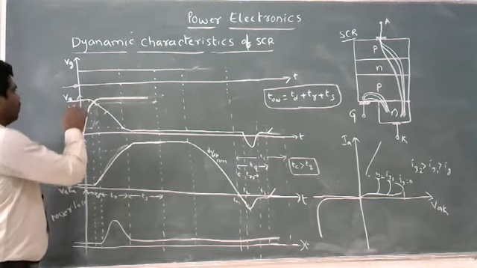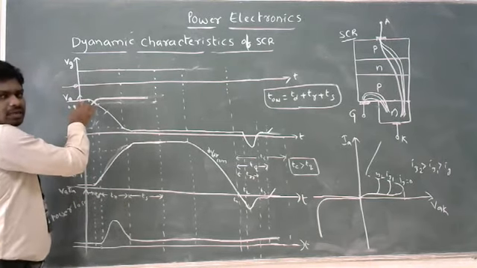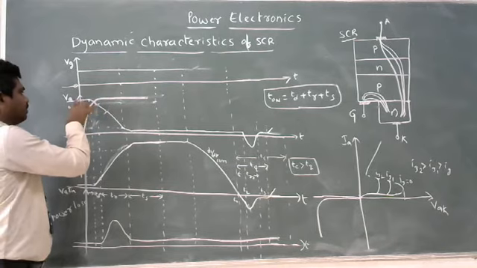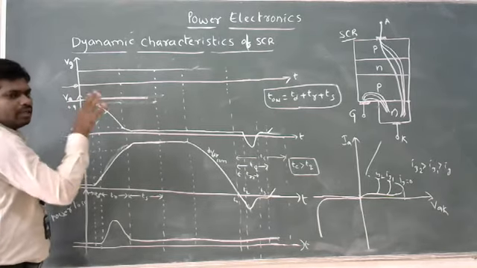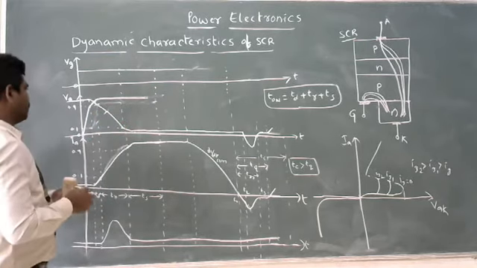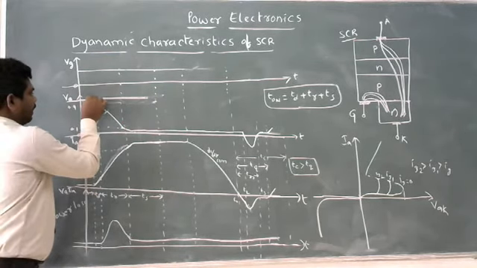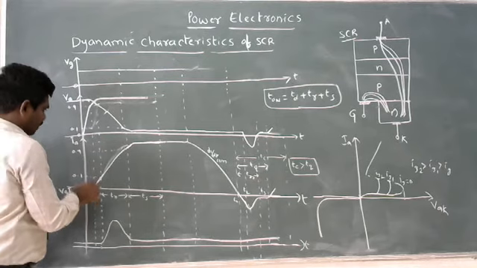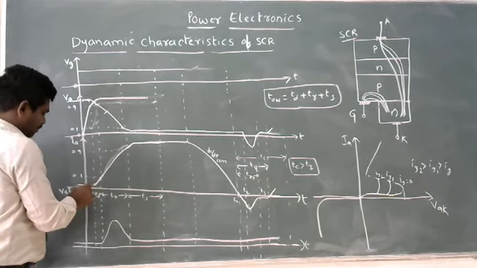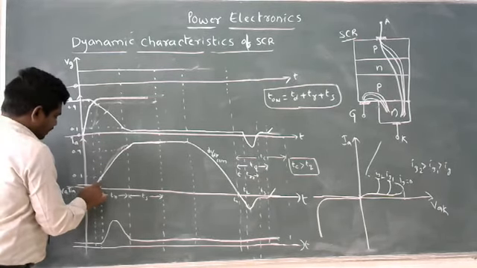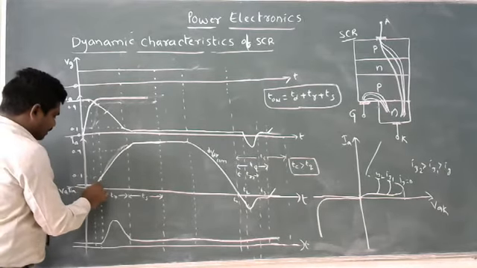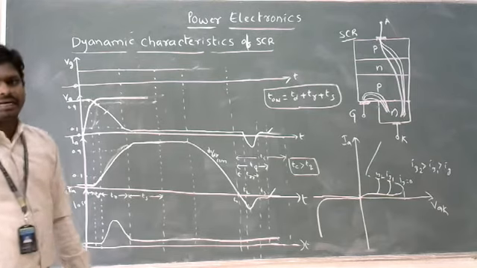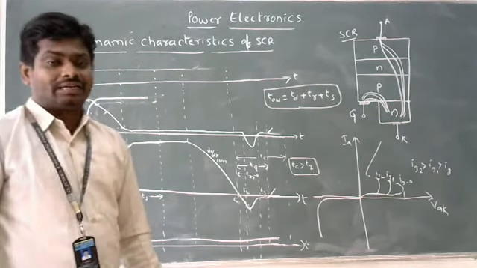Very carefully. Whenever we apply the voltage across the device, let us take it that 100% voltage is applied across the device. For some duration of time, some amount of leakage current will be flowing here. Some amount of leakage current is flowing due to the minority carriers in the device.